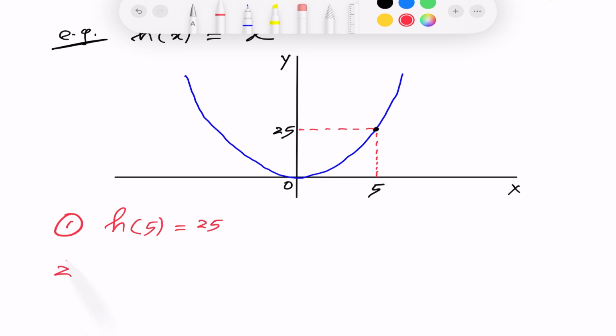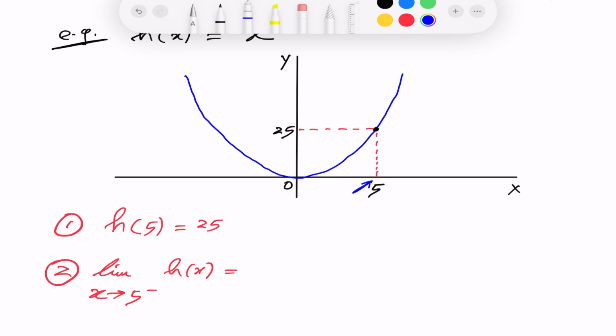The second part, the limit as x approaches 5 from the left hand side of h of x. What should be that value? x approaches 5 from the left hand side means x is very close to 5, but it is not equal to 5, and it is less than 5.